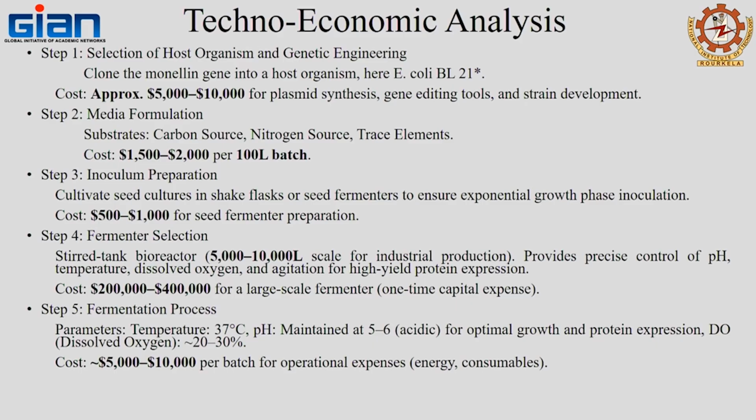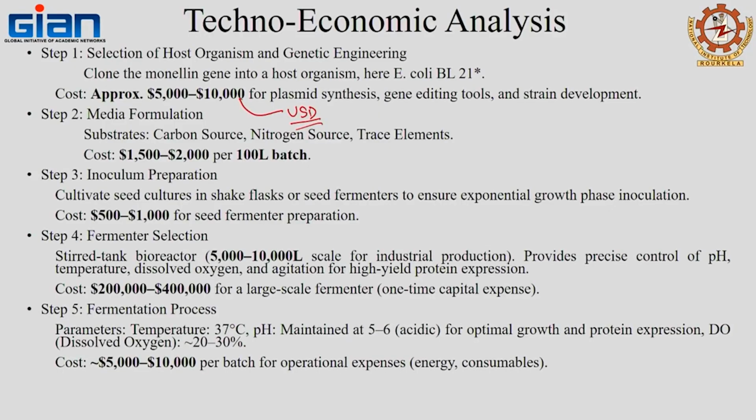In the first step, we have used a host organism which we have genetically engineered, and the organism used here is E. coli BL21 DE3. DE3 is the vector that is being used.